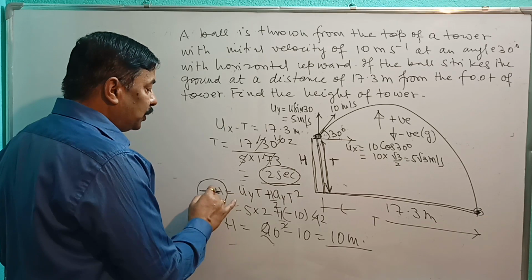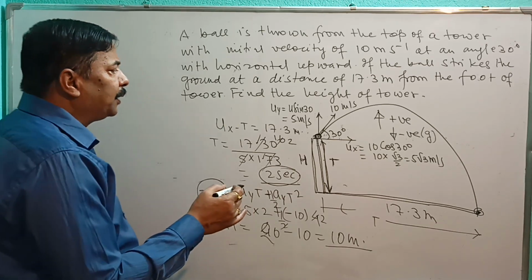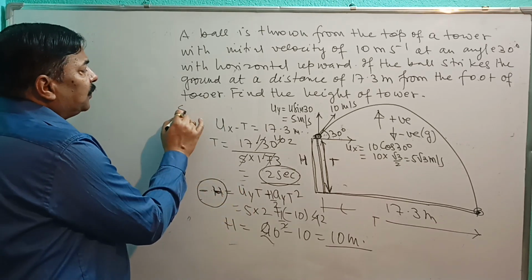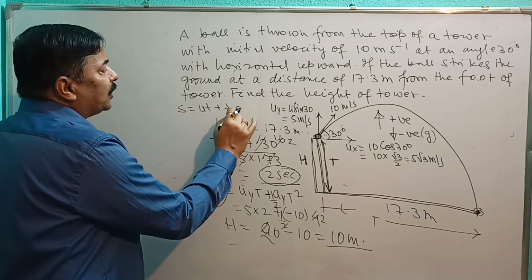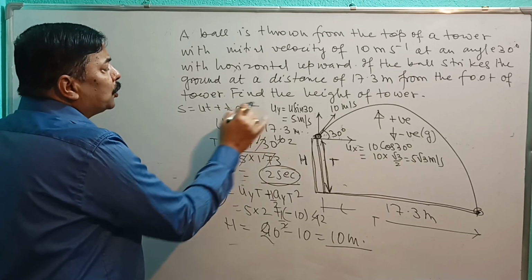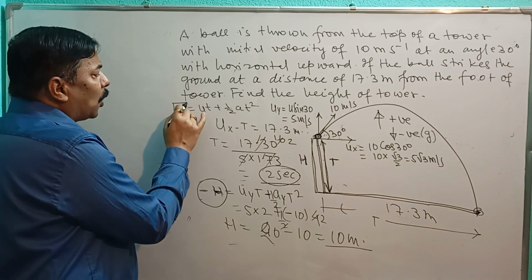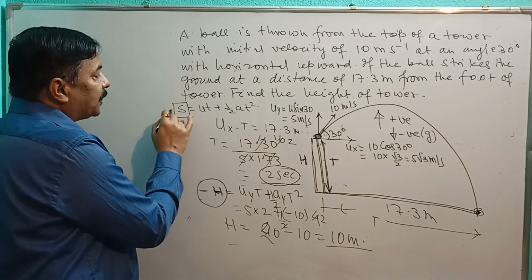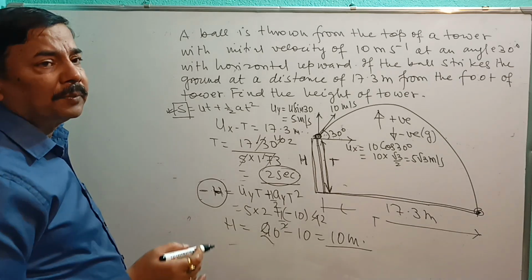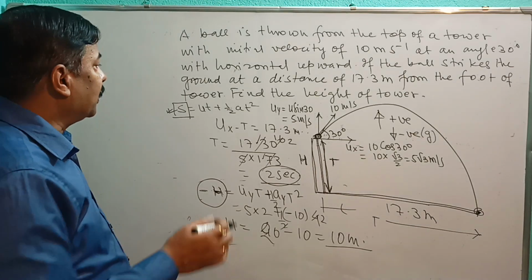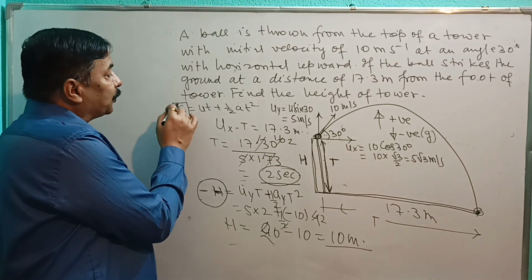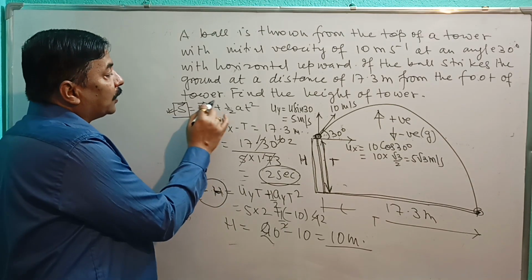So it gives you displacement. Whenever we are using the formula S is equal to ut plus half at square, you should understand that this S is not representing the distance. This is representing the displacement, that is distance between initial and final point. So it is in fact a vector one. So you can use it with vector sign also.